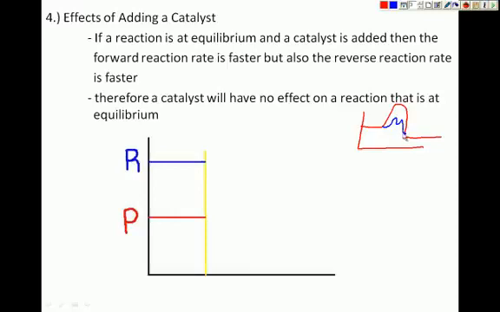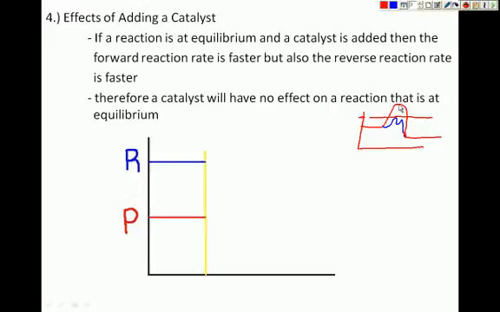then what we see here is that the forward activation energy with the catalyst is this high, and the reverse activation energy requires the same amount of potential energy, and it's going to speed up the reverse reaction rate as well as the forward reaction rate equally.